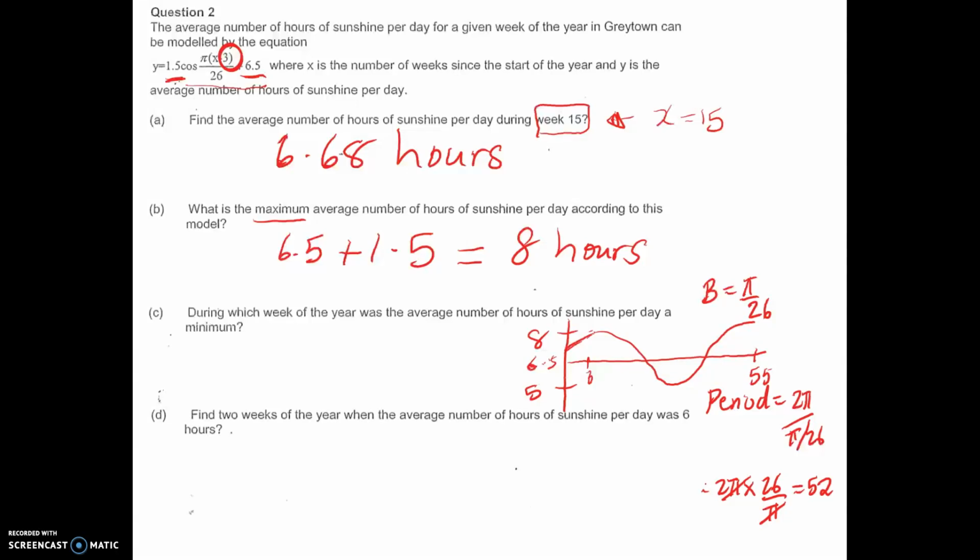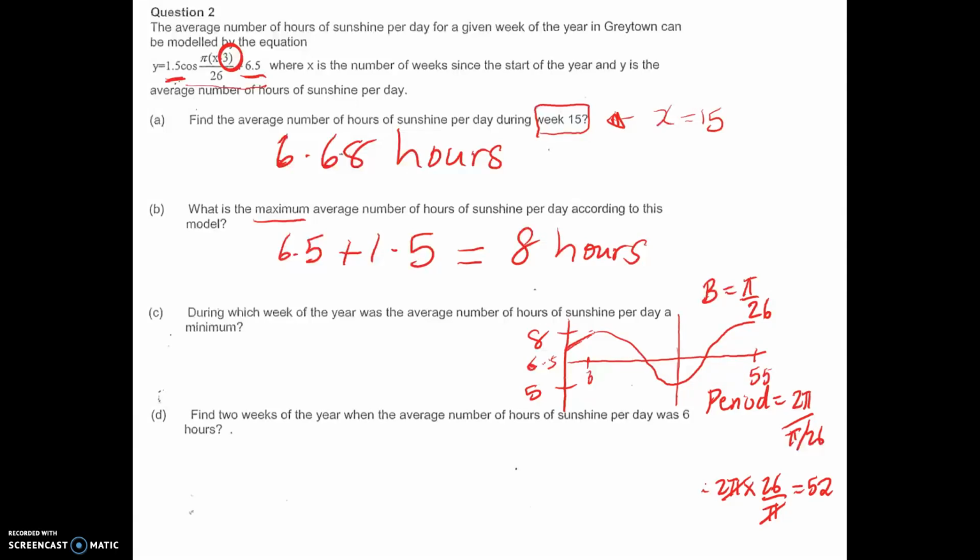The question asks for us to work out when is it the minimum. Now you can see the minimum is right in the middle of 3 and 55. So there are two ways you can work it out.